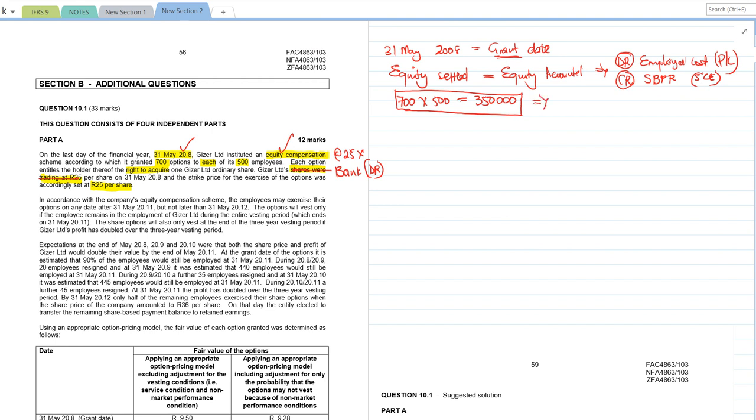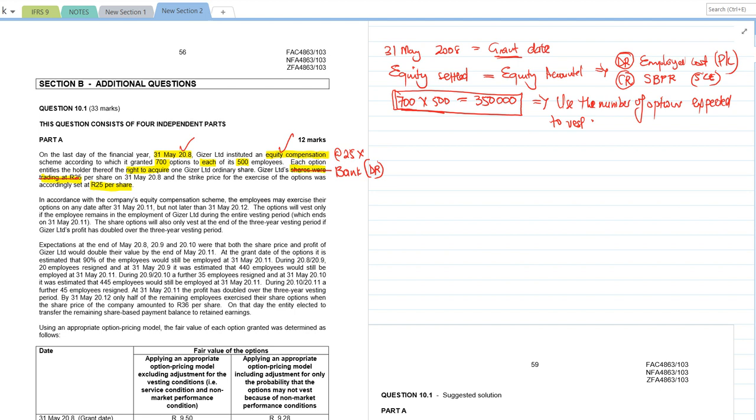When we do our calculation, however, we use the number of options expected to vest, right? So that's exactly what we use. We don't necessarily need these 350,000 options given here, but they need to tell us how many they expect to vest.